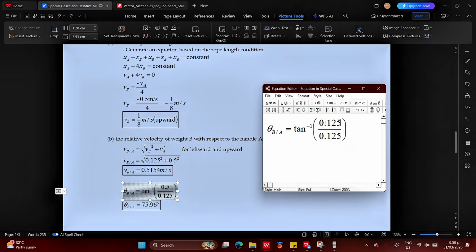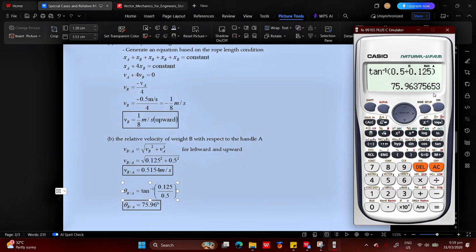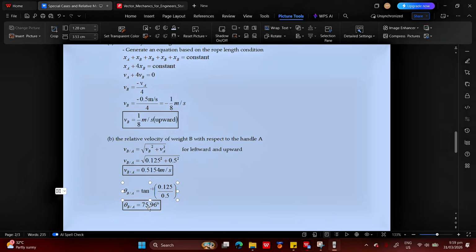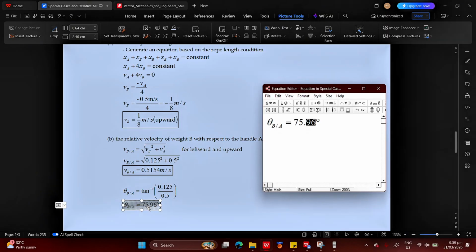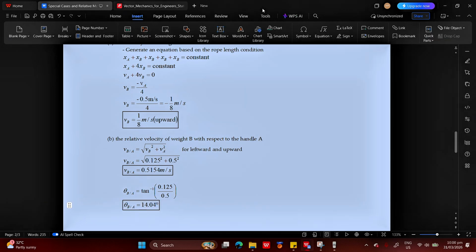If that is the V_B, then our V_A, which is the adjacent, is 0.5. So we need to recalculate it. Divided by 0.5, so 14.04. That's it. So all good. Thank you for watching again.